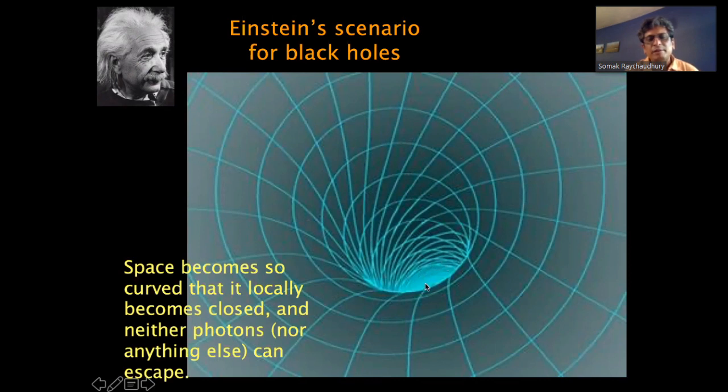Almost infinitely curved. And it means that to climb out of it, you require an infinite amount of energy, and you require a velocity that is much, much larger than the speed of light. So even light cannot come out of this tunnel. So that is how Einstein's equations predict the existence of a black hole.